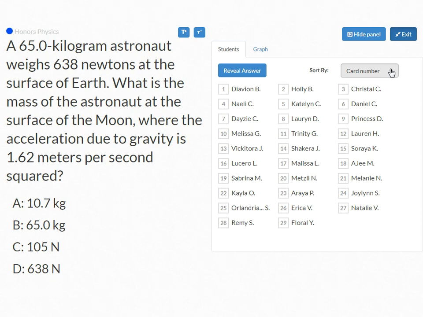What is the mass of the astronaut at the surface of the moon, where the acceleration due to gravity is 1.62 meters per second squared? So same thing, you rotate the card. When you've got your answer, hold it up, and I'll scan your card.